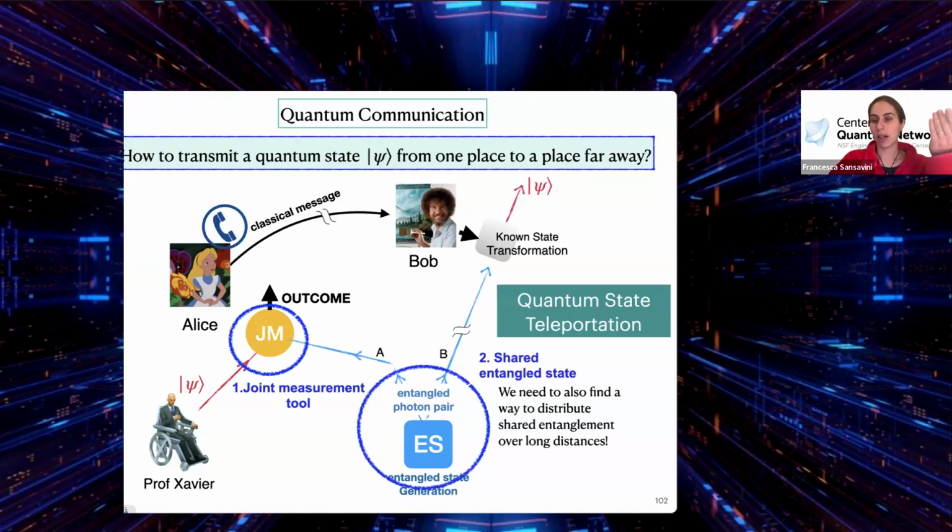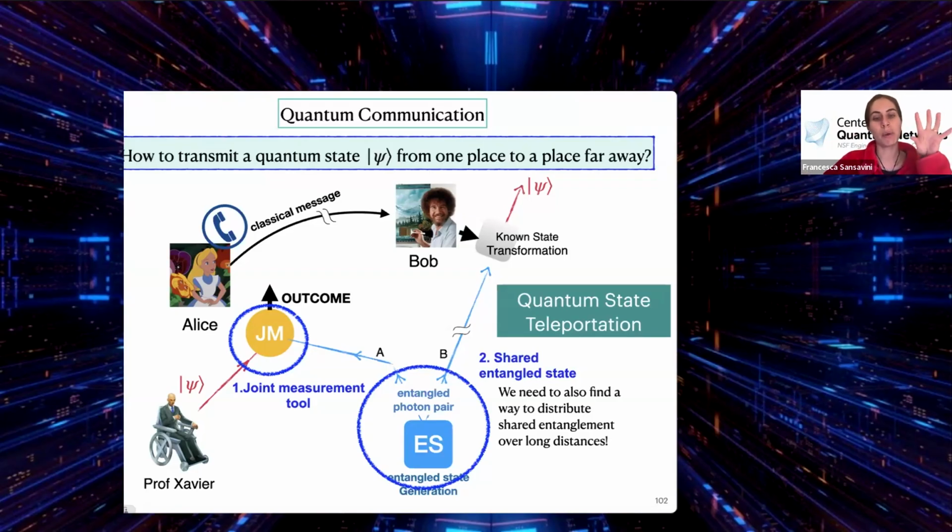And again, the entangled photon pair, which is a shared entangled state between Alice and Bob. And this is also a problem that we need to solve, because if we want to connect Xavier and Alice with Bob on the other side over long distances, we also need to find a way to distribute this shared entanglement.